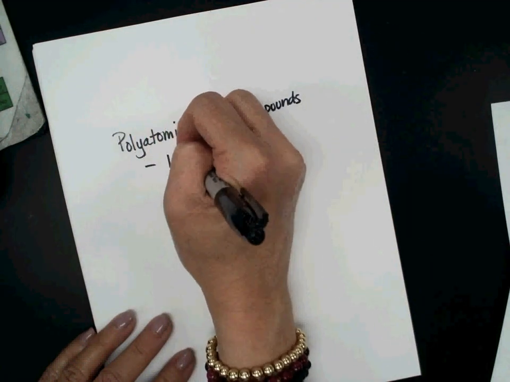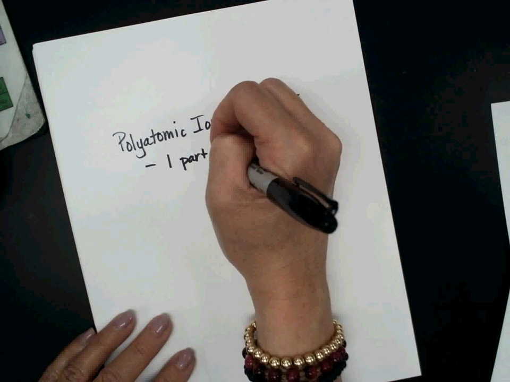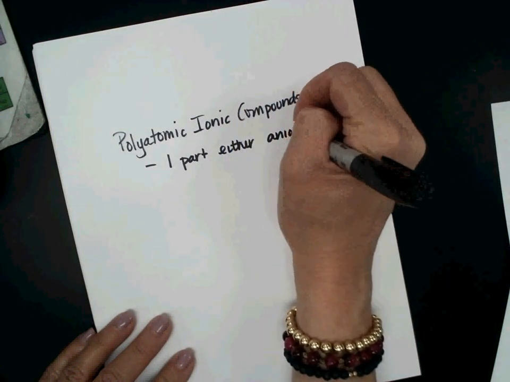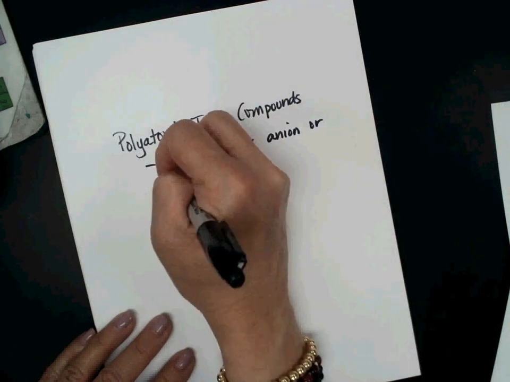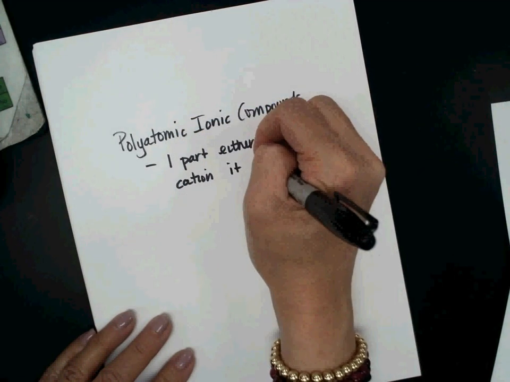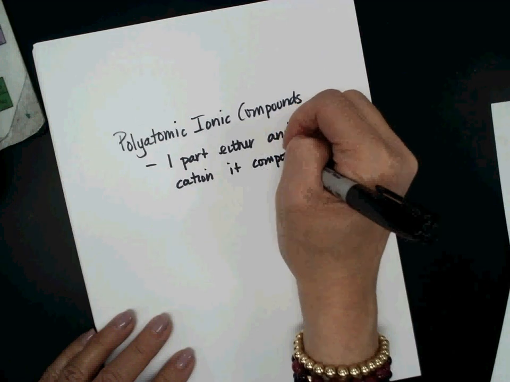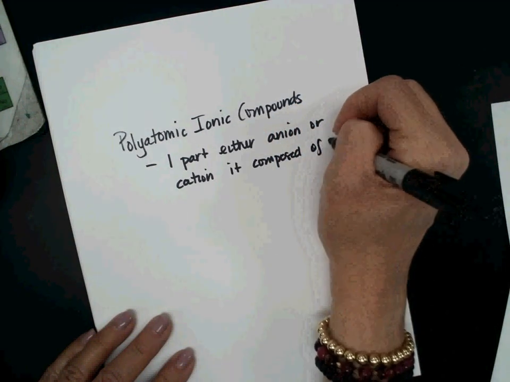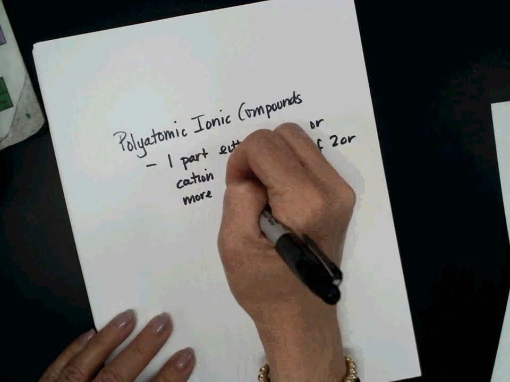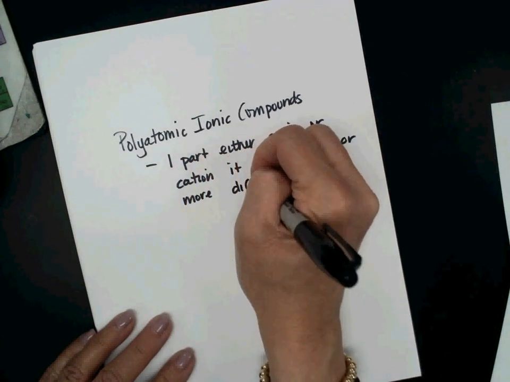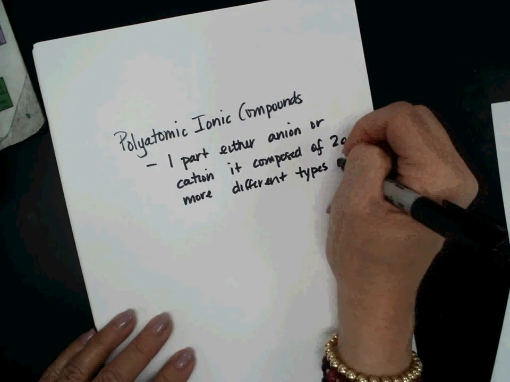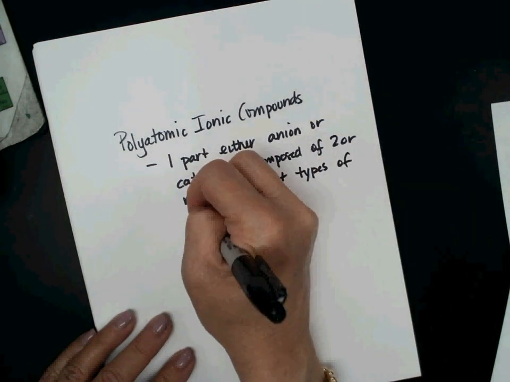For these, one part, either anion or cation, is composed or made up of two or more different types of atoms.